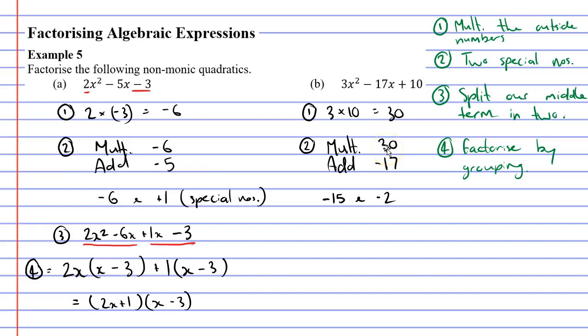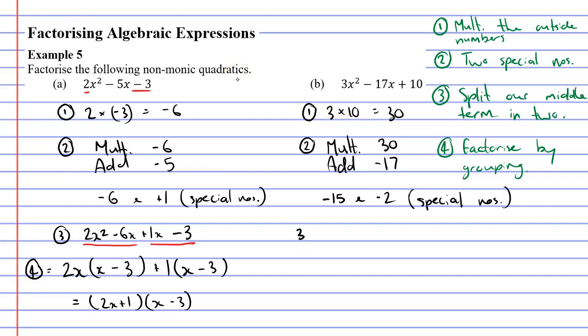And in my head, while I was doing that, I thought, well, 15 times 2 sounds like the right 2 numbers because I can make 17 out of 15 and 2. So that's the kind of process that's going on in my head when I figure out those 2 special numbers. So right next to that, special numbers. Those are our special numbers here, negative 15 and negative 2.